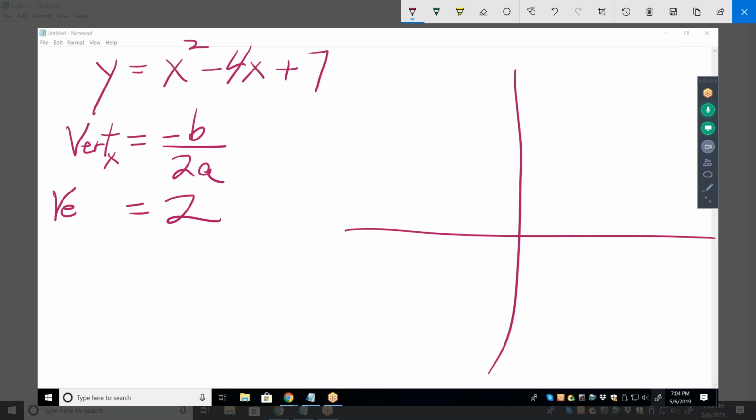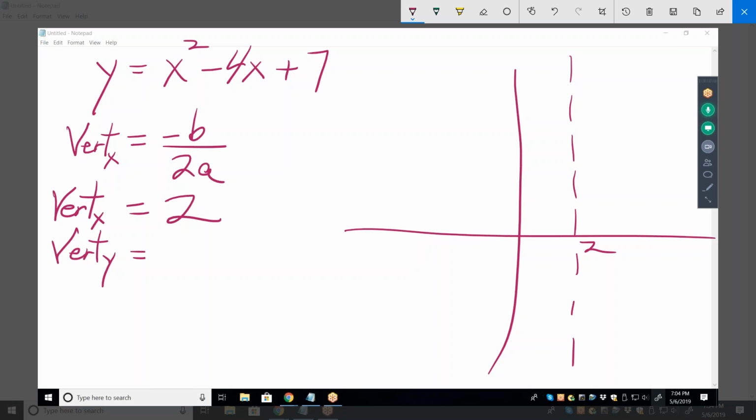So, remember the best thing you can use to graph a parabola is the x and the y coordinate for starters. Well, we've got the x coordinate. That basically tells me that there's a line of symmetry that goes right down there. And this parabola is going to be somewhere on that line. So if I know the y coordinate, I'll know where.